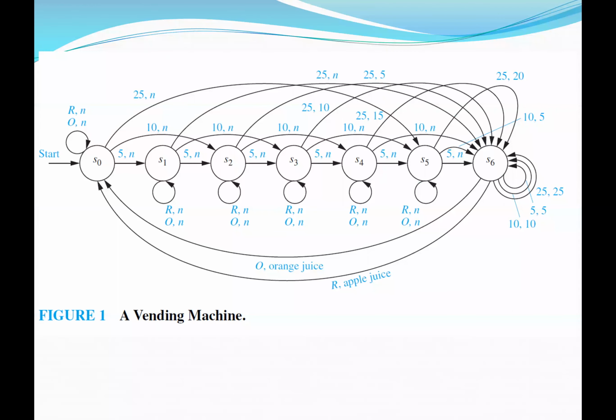This is an example of a finite state machine, FSM. Think of this as a vending machine that you see around campus, or even the snack machine, where you input some money and then they give you a bag of chips or something.